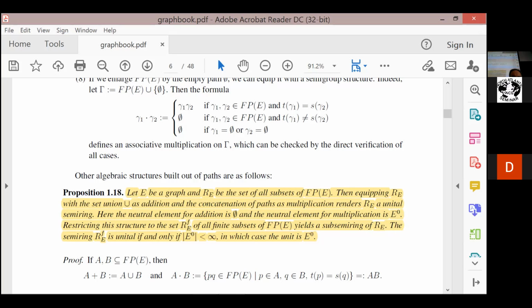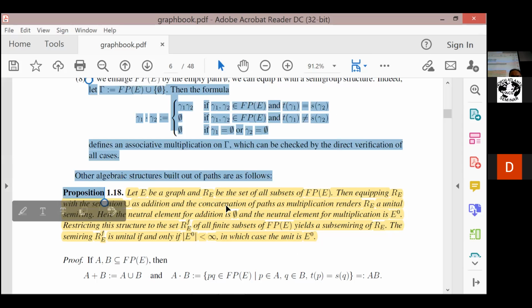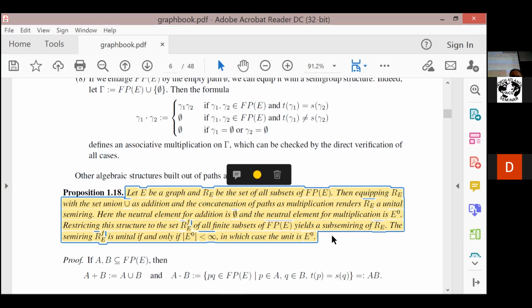But I can go in the spirit of path algebras, and I can restrict the structure to the set of all finite subsets of FPE. So I have this superscript F to distinguish this semi-ring, which need not be unital, from the semi-ring RE, which is always unital, of all finite subsets. And you can see that these structures restrict, except for the multiplicative unit, which restricts only when E0 is finite.